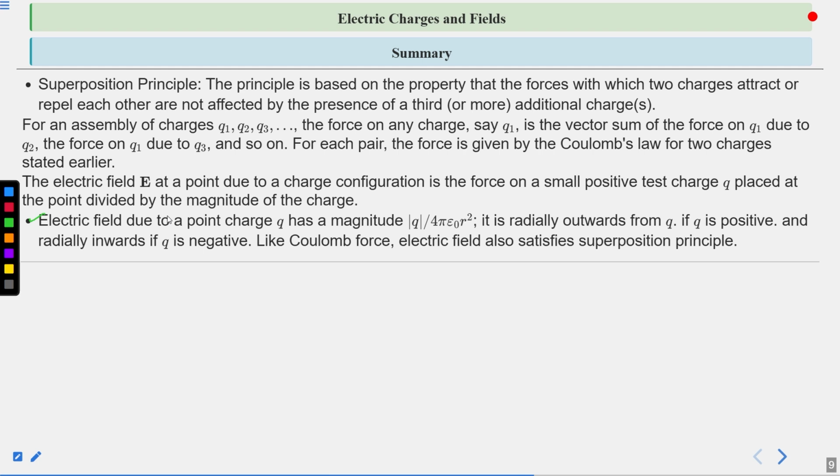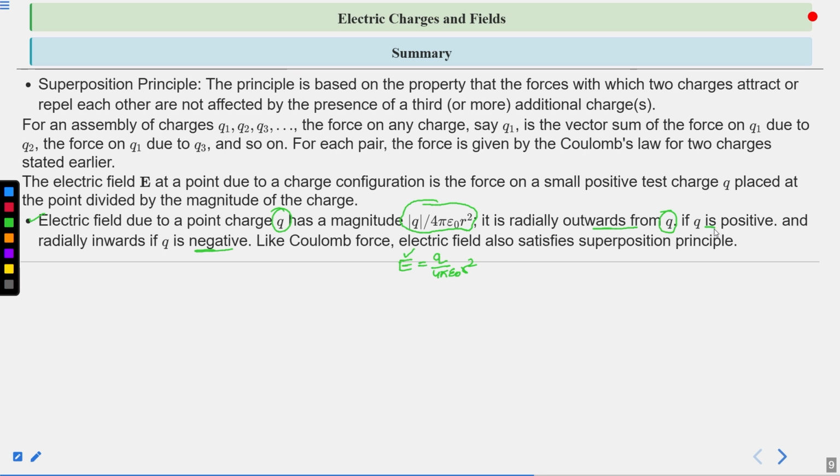Now, the electric field due to a point charge q has magnitude q divided by 4 pi epsilon naught r square. E is equal to q divided by 4 pi epsilon naught r square. From this relation it is clear that E is inversely proportional to r square. It is radially outwards if the charge is positive and radially inwards if the charge is negative. How can we determine the direction from the sign of the charge?